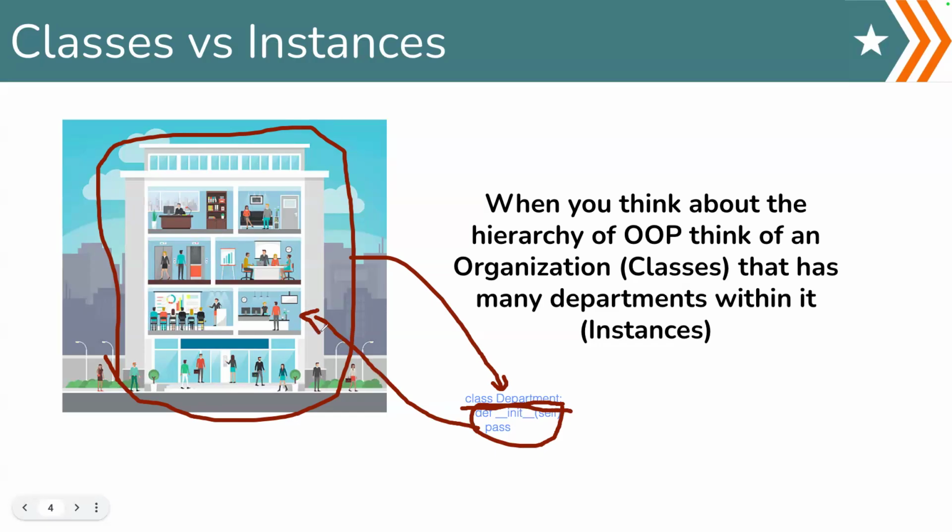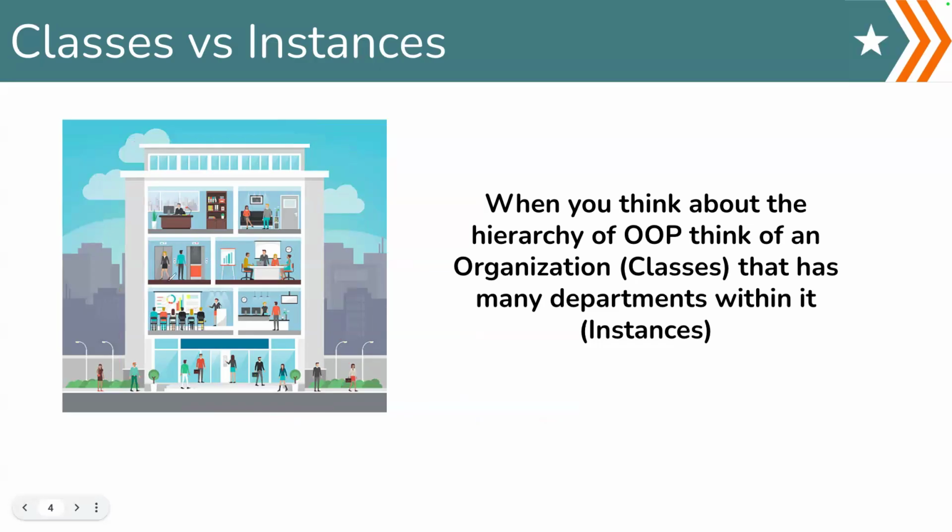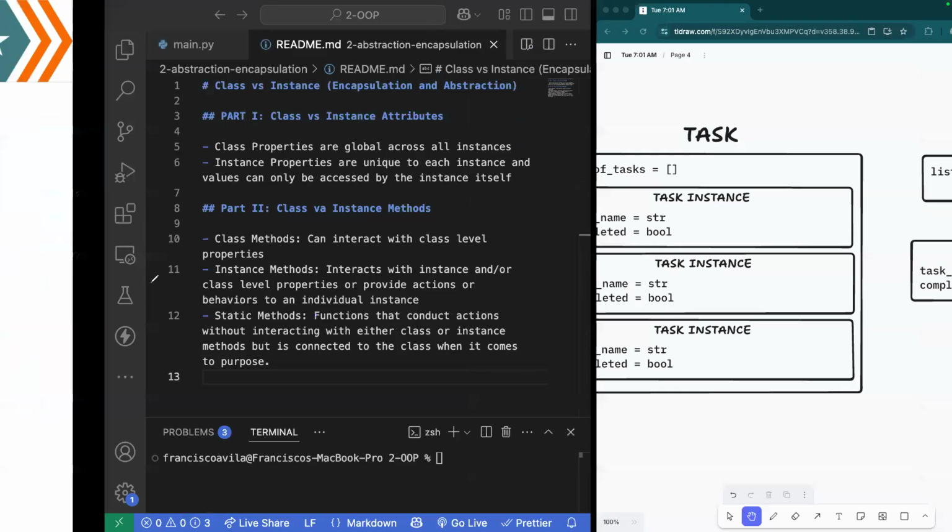So an instance of this department is living within the class. At the very beginning of the program, I mentioned that everything in software engineering is essentially just boxes inside of boxes.